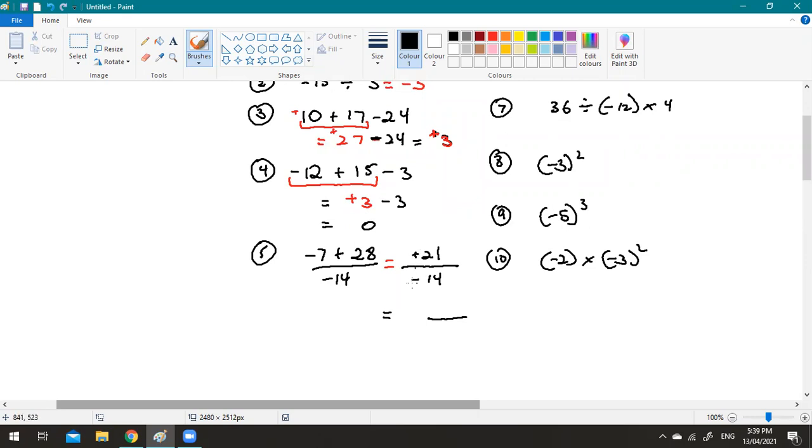So a positive divided by a negative is a negative. And we can start to simplify. 7 could go into this 3 times, and 7 could go into this 2 times. So we have 3 over 2. And we can write it as a mixed number by saying 2 could go into 3 one time with 1 remainder. So we put 1 over 2 as the answer.